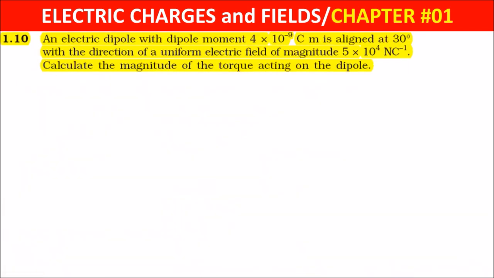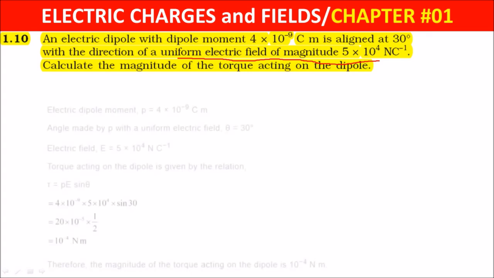Next question. An electric dipole with dipole moment 4 into 10 to the power minus 9 coulomb meter is aligned at 30 degrees with the direction of a uniform electric field of magnitude 5 into 10 to the power 4 Newton per coulomb. Calculate the magnitude of torque acting on the dipole.